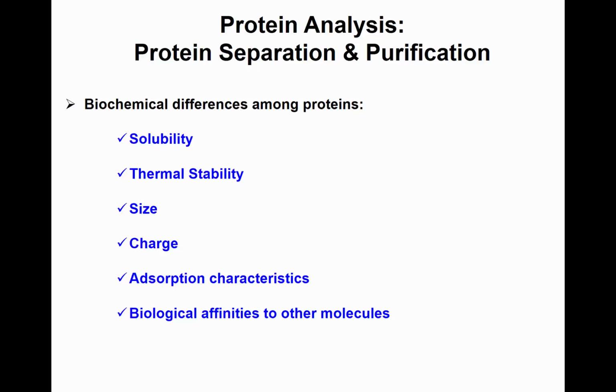What would that protein interact the most with? And biological affinities: if it's an enzyme, what enzyme inhibitors are present that I can use as ligand on affinity chromatography? All of this information is helpful and will lead us to identify a procedure for separation.